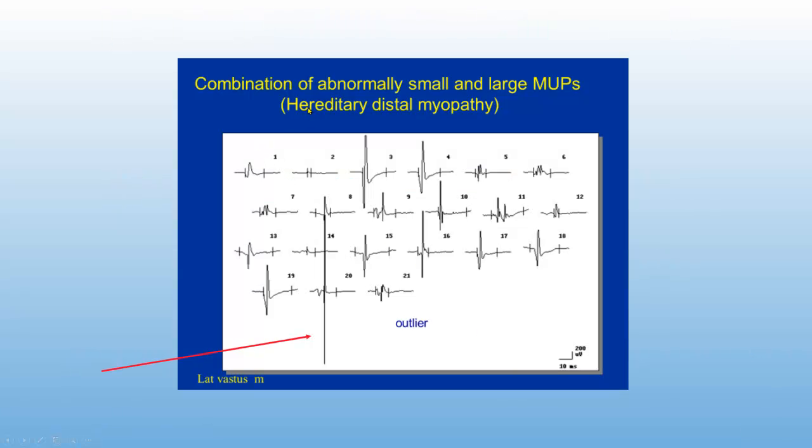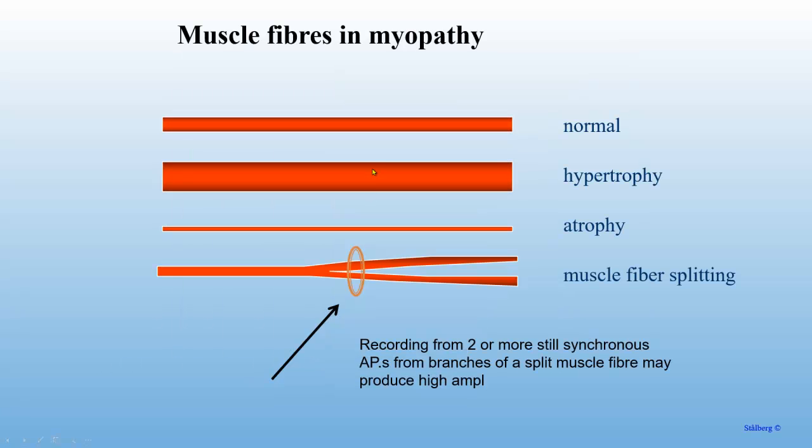Here is a recording from a patient with hereditary distal myopathy with small motor unit potentials, polyphasic motor unit potentials, some that look normal, and all of a sudden some individual recording with very high short duration motor unit potentials. And they are probably generated from hypertrophic muscle fibers.